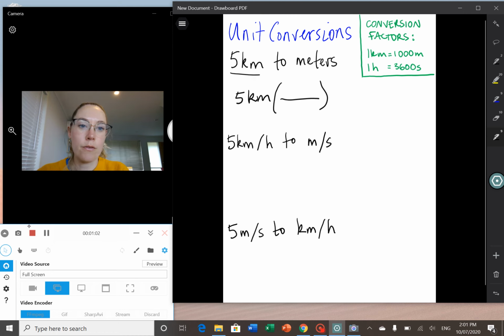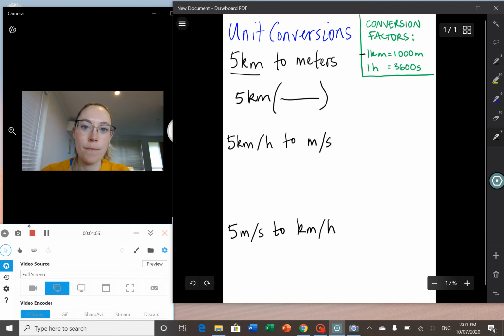So I'm looking at this first conversion factor here. 1 kilometre is equal to 1,000 metres. And to decide whether my kilometres goes on the numerator, the top of the fraction, or as the denominator, the bottom of the fraction, I need to have a look at my starting value, my kilometres. So we can sort of read this as being 5 over 1 kilometres.